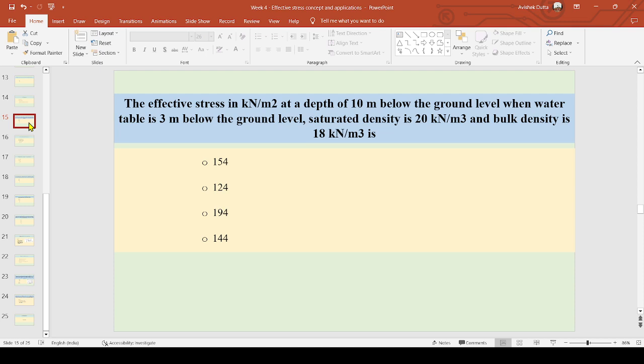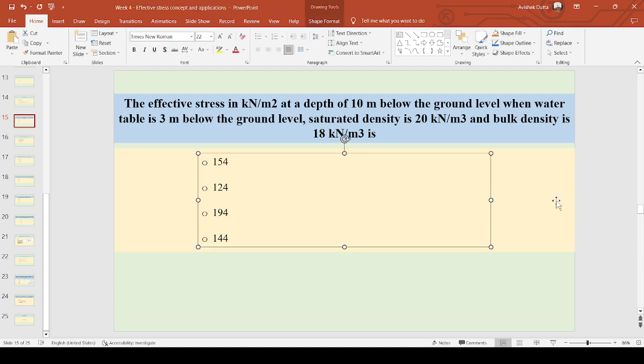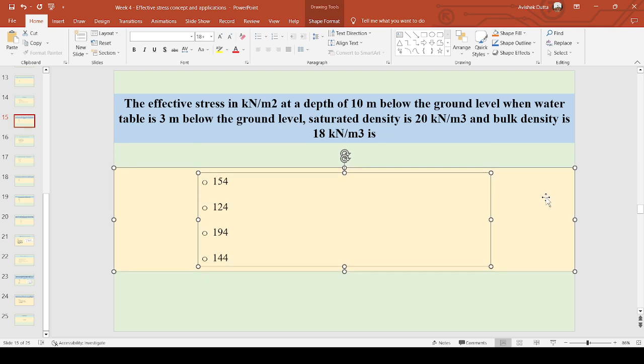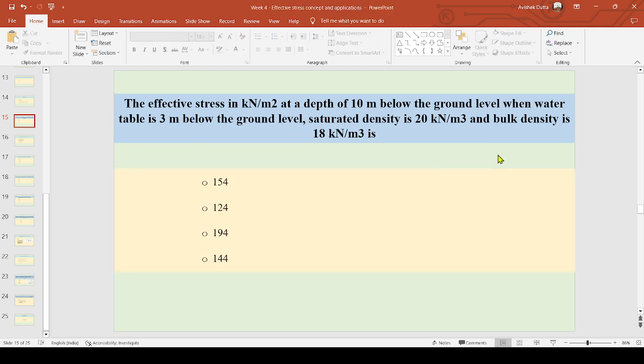You have to find out the effective stress in kilonewton per meter square at 10 meter below the ground level. The options are 154, 124, 194 or 144.